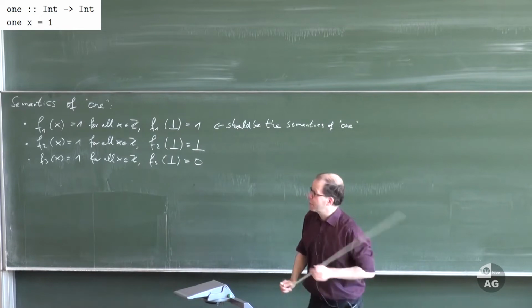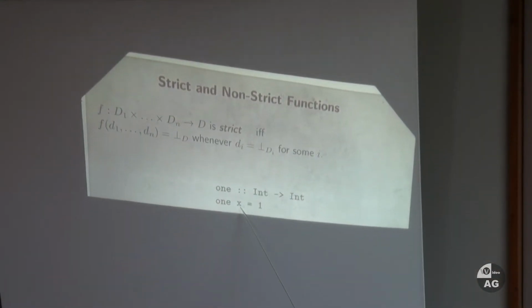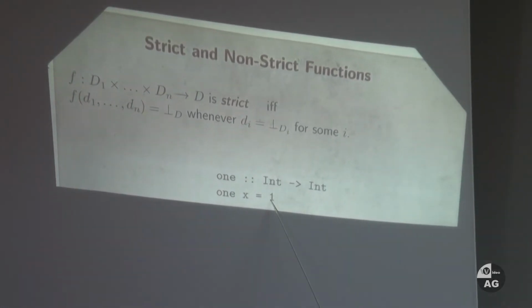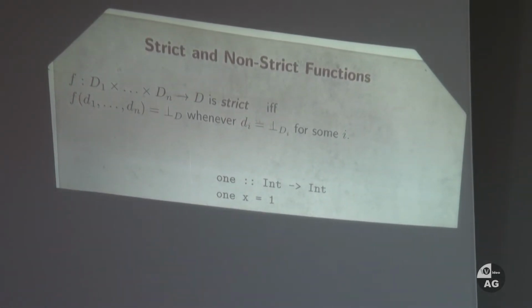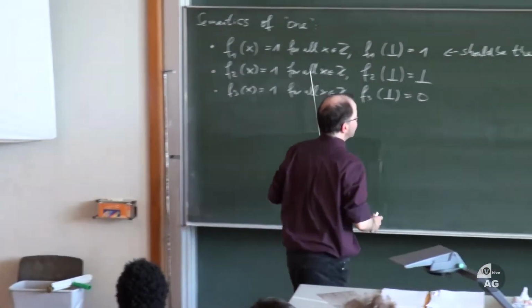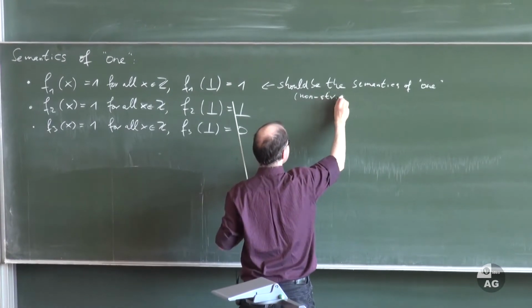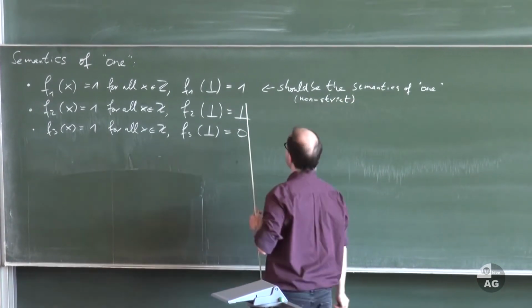If you apply 1 to something non-terminating, it will terminate and it will give you back 1. Because Haskell has lazy evaluation. Haskell evaluates from the outside. And so in Haskell we can really program these non-strict functions. So this is what we would expect from Haskell.